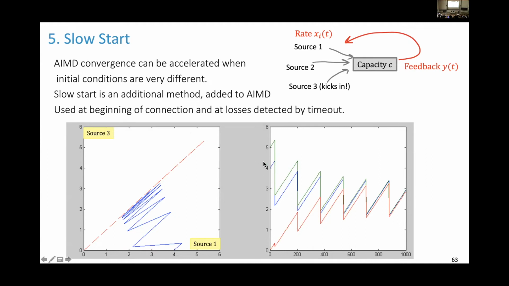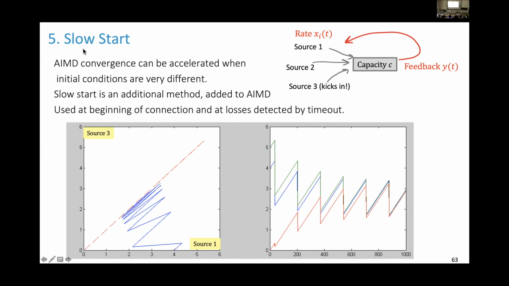They were oscillating around the converged value, and source 3 kicks in. After a couple of iterations, we converge to the desired value, 1/3 of the capacity. In the left figure, I'm plotting the rate of source 3 as a function of source 1. And you see it requires not too many iterations to converge to the same value.